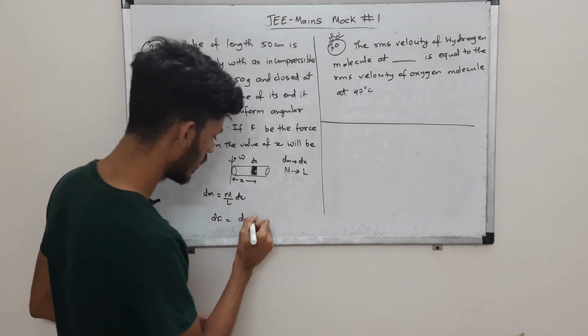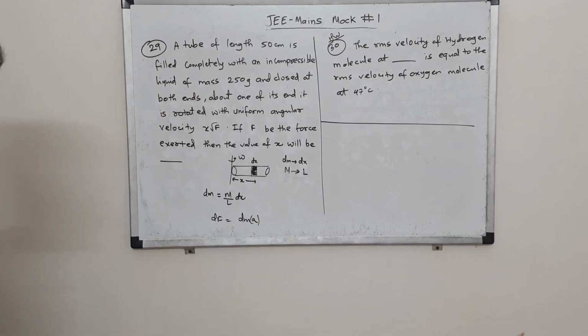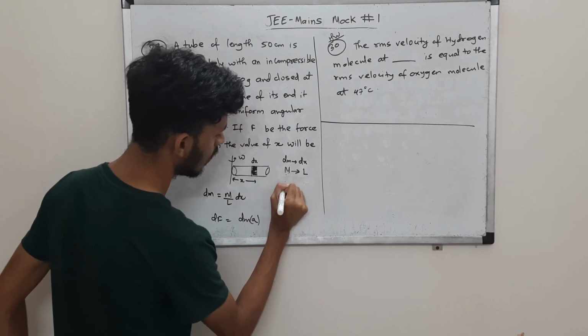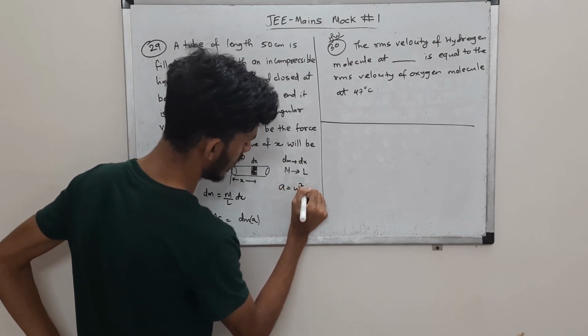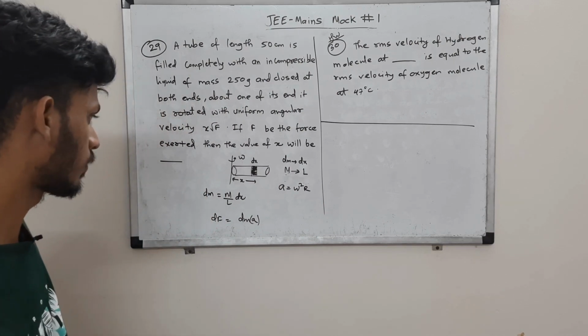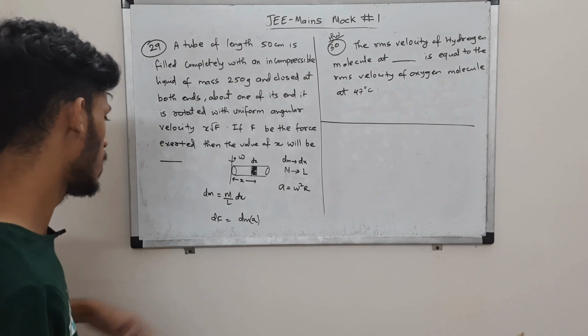Now a is the acceleration, this is mass, this is acceleration. Acceleration you can write in terms of angular velocity, omega square r. So here it will be omega square x, it is at a distance x.